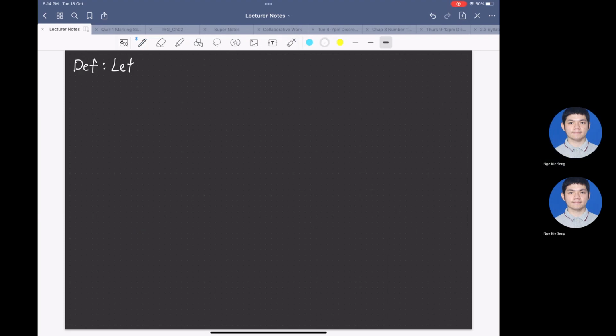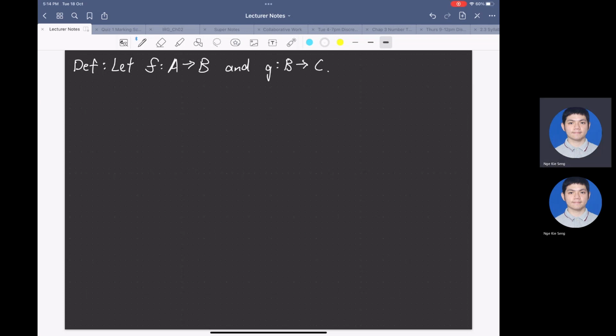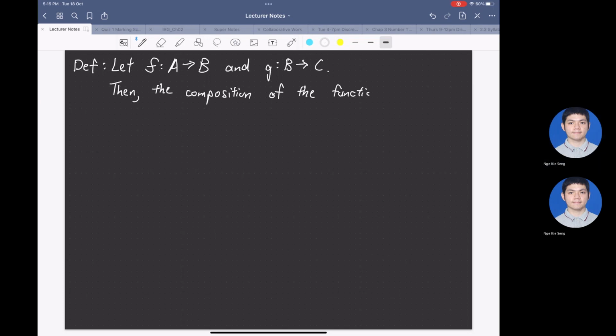So let f be a map from A to B, and g a map from B to C. Then the composition of functions f and g.